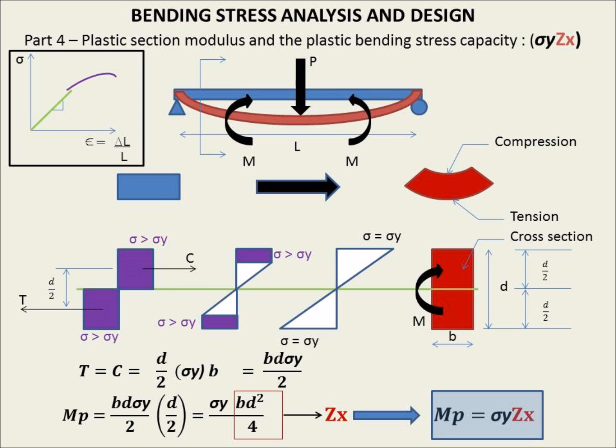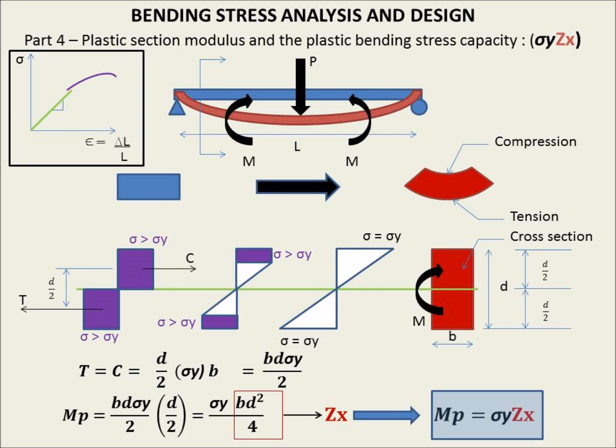So in this case, if you compare B D squared over 4, which is the plastic section modulus of a rectangular cross section, with B D squared over 6, which we derived as the elastic section modulus of a rectangular section in our first video, we see that there is a relationship of 1.5.